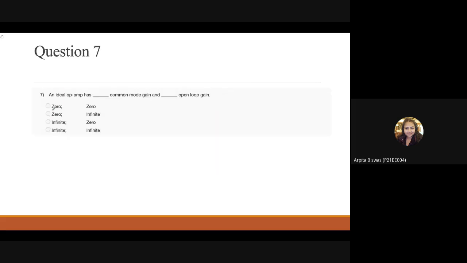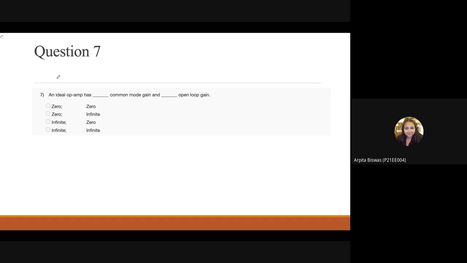So this is question number 7. An ideal op-amp has dash common mode gain and dash open loop gain. First option is 0 0, second option is 0 infinite, third option is infinite 0, and option D is infinite infinite.